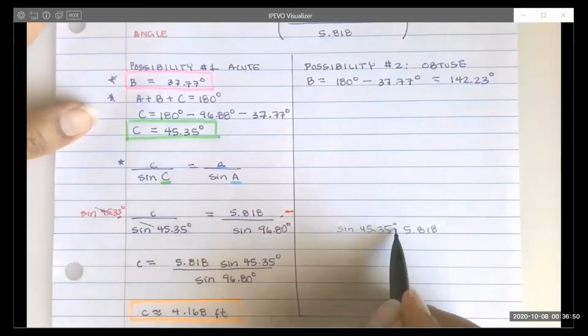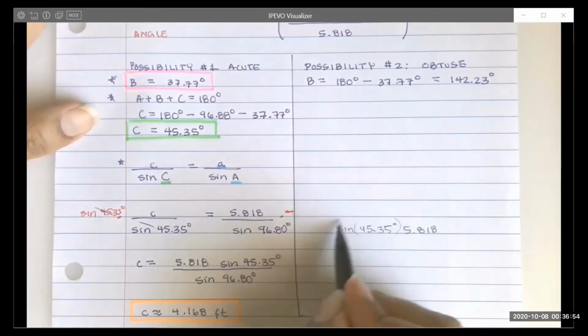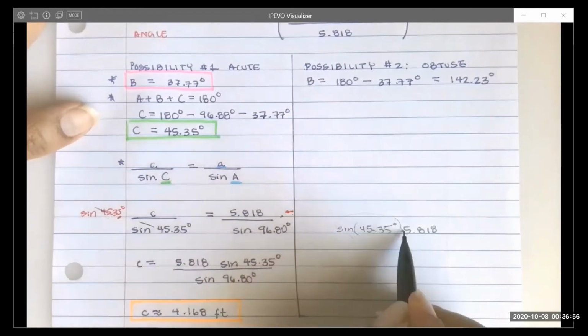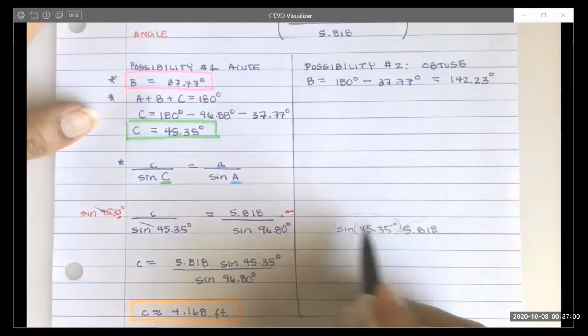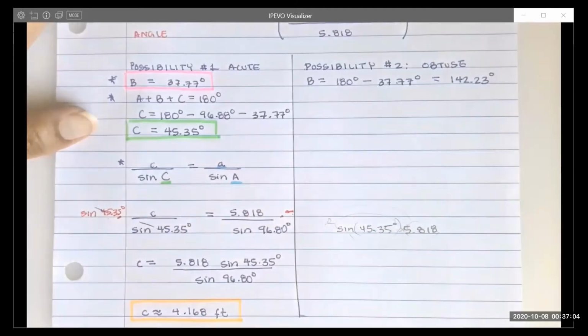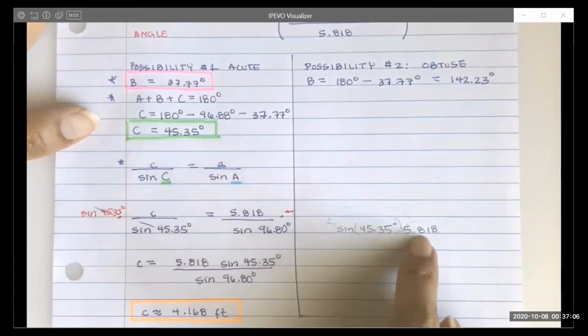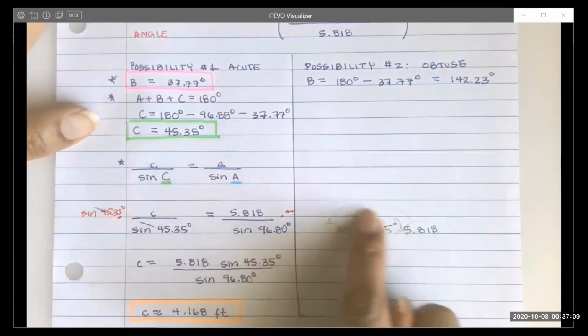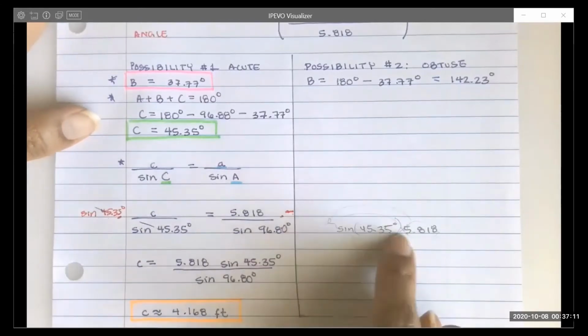I just don't want you to get confused between the angle that belongs to sine and this factor of 5.818, this coefficient. So I always like to write the coefficient in the front just so that there's no confusion as to whether this is being multiplied to the whole of sine or just to the angle.